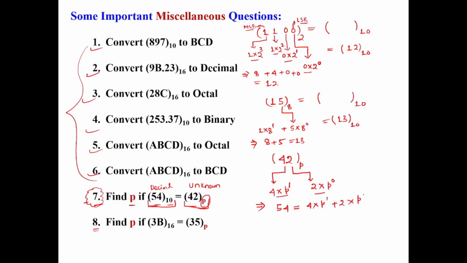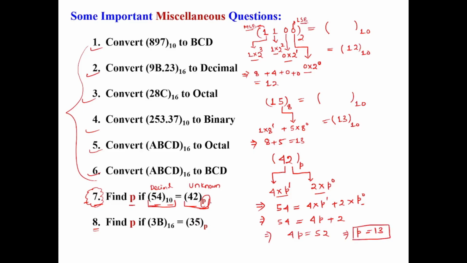वो add हो जाएगा. तो अभी कितना होगा? 54 equal to 4p plus p to the power 0, which is 1, times 2. So that implies 4p equal to 52. That implies p equal to 13. Okay.